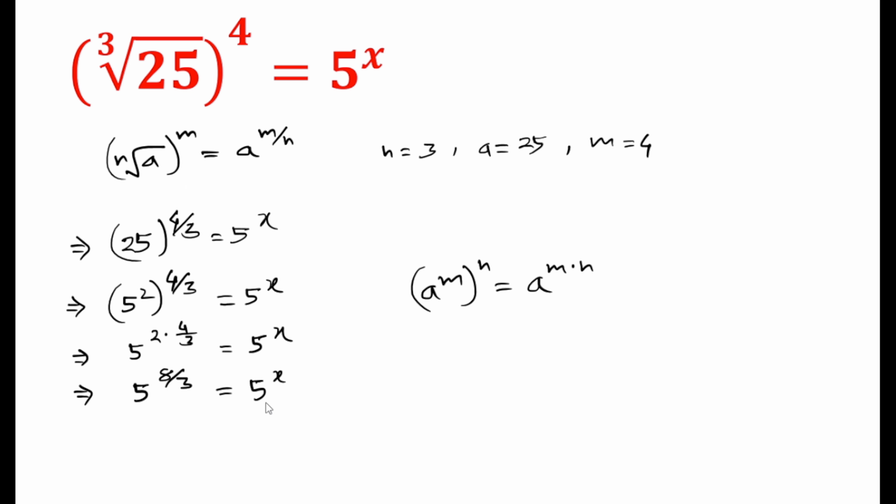Now here both bases are equal, so we know another property, that is if a to the power m is equal to a to the power n, then m equals n, right?